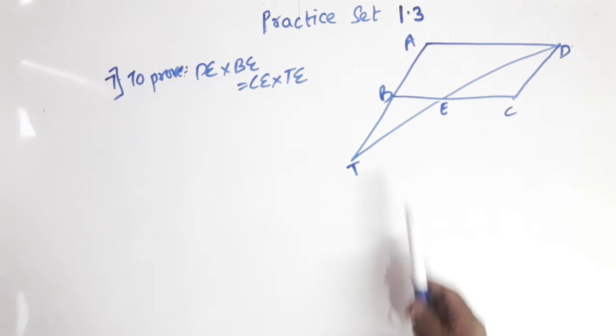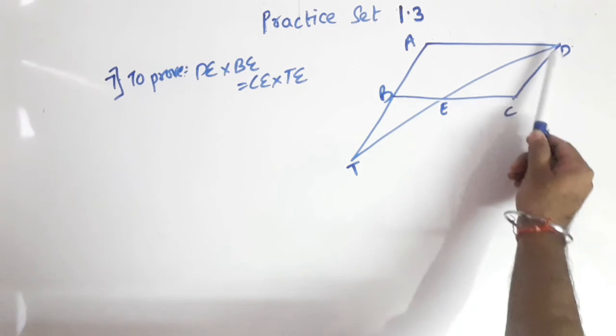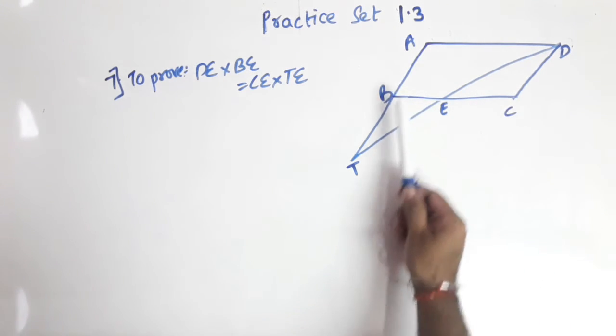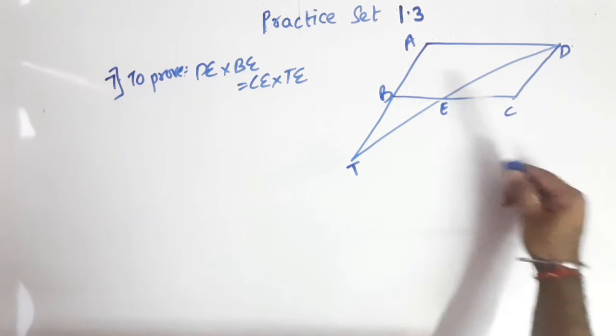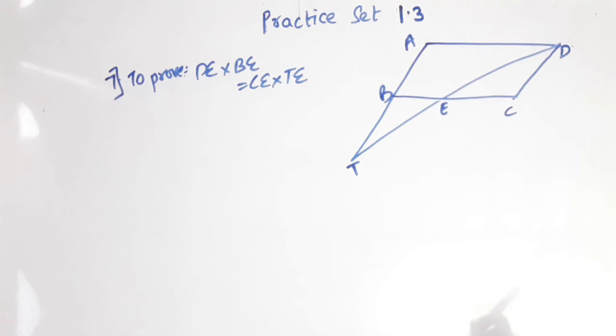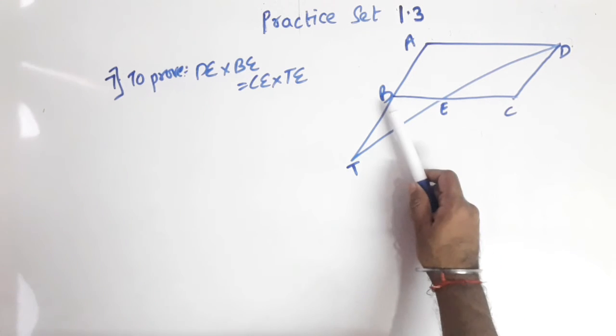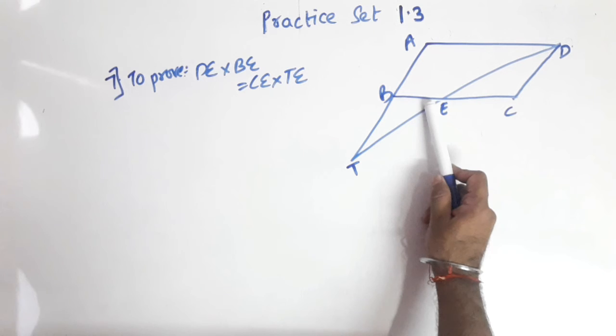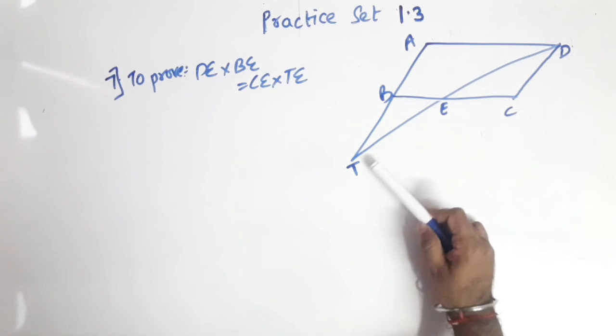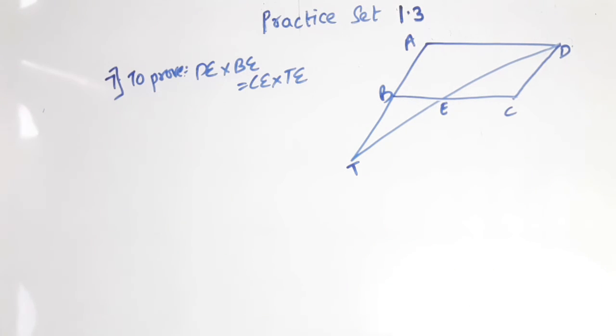Sum number 7, you can see ABCD is a parallelogram. If this is a parallelogram, it simply means these two lines are parallel. And we have to prove that DE into BE equals CE into TE.